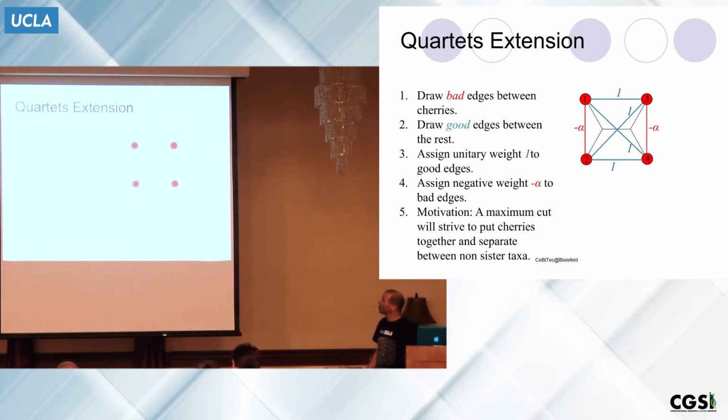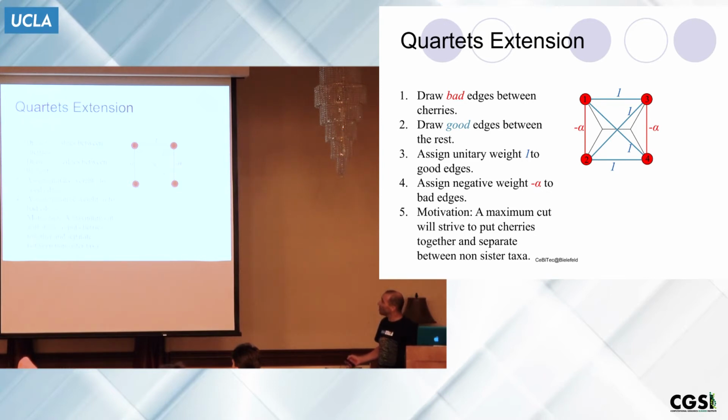So what is the quartet extension? We draw bad edges between the cherries, naturally. We don't want to separate these guys. And we draw the good edges between these guys because we do want to cut them. And we assign the unitary weight here and minus alpha here.